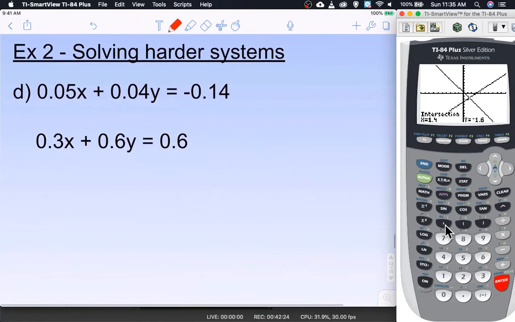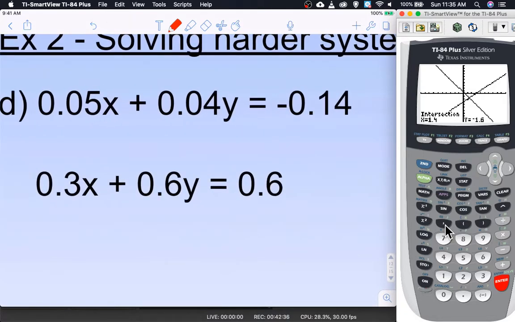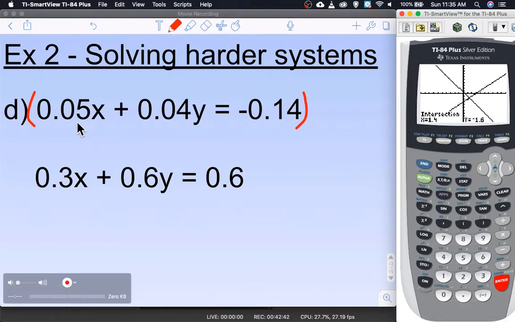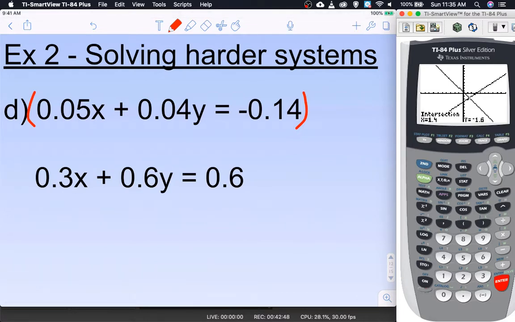Speaking of decimals, how would we eliminate the decimals in a problem like this? Well, we would do kind of the same thing. I'm going to multiply this entire equation by a power of 10: 10, 100, 1,000, something like that.